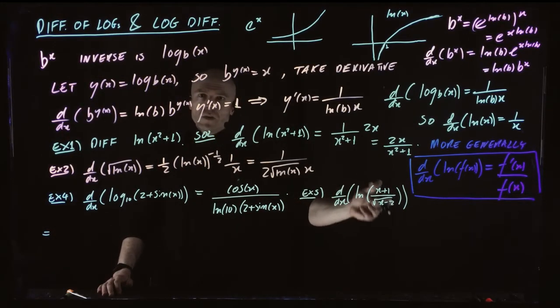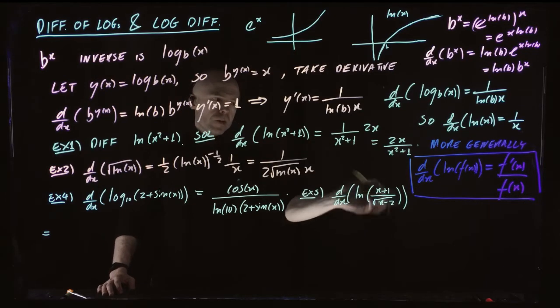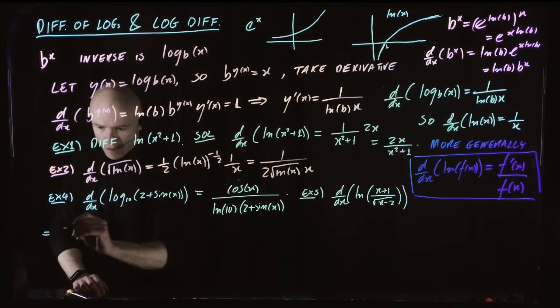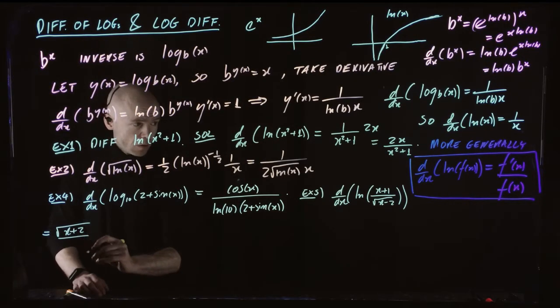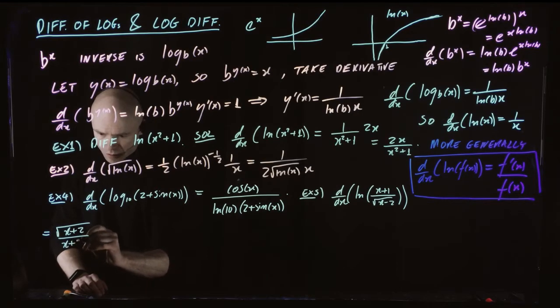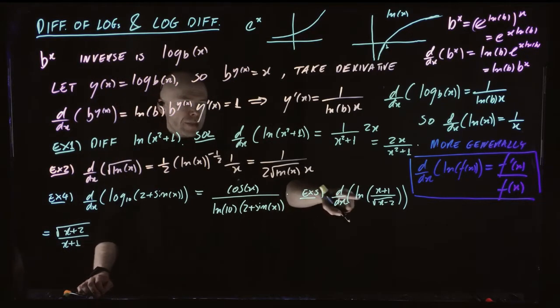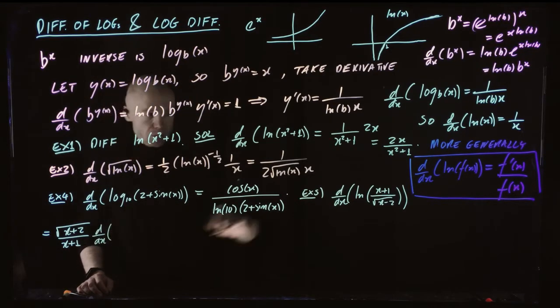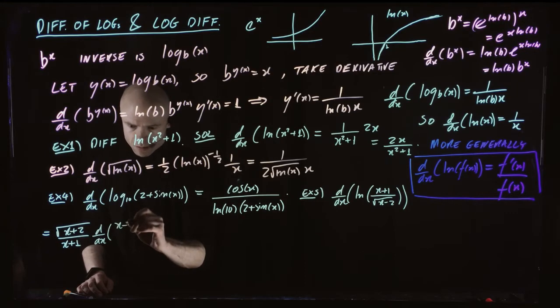We differentiate the outer function, apply it to the inner function. So it's going to be 1 over x, where x is going to be the stuff inside the bracket, right? So 1 over the stuff inside the bracket is like flipping the numerator to the denominator and vice versa. So we're going to have square root of x minus 2 over x plus 1. And then now we want to differentiate what's inside. So we're going to break it up into a smaller step. So let's just write this before we do anything else.